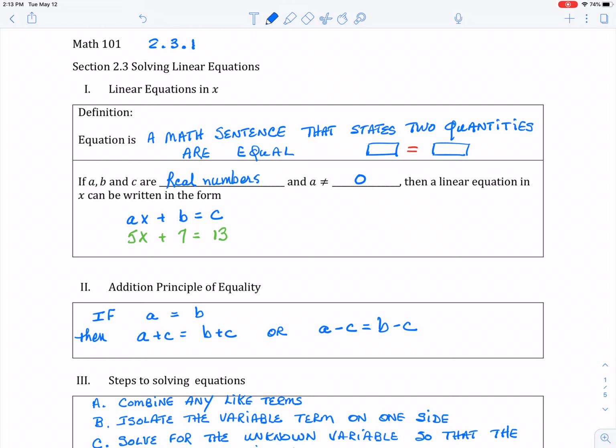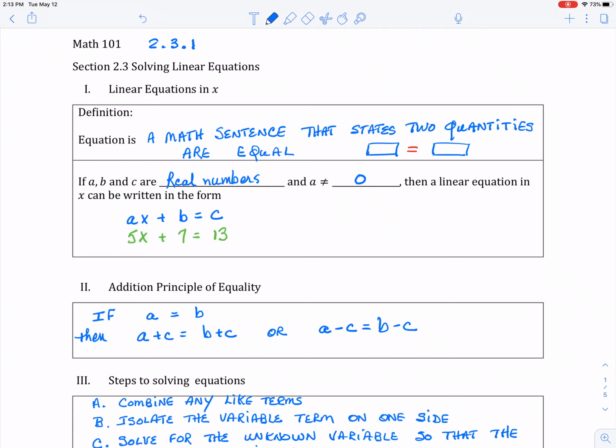So here's another form for you. If A, B, and C are real numbers and A is not zero, then a linear, which means first degree, a linear equation in x can be written in the form Ax plus B equals C. I've given you a little example underneath. Let's say that A is 5, B is 7, and C is 13.